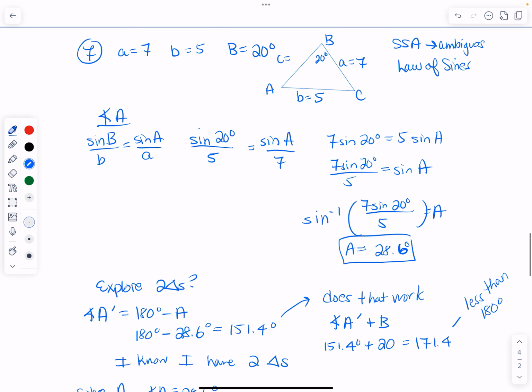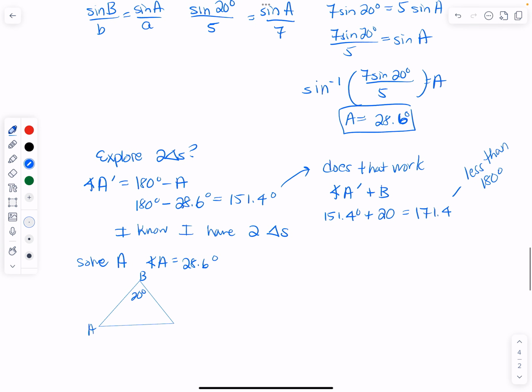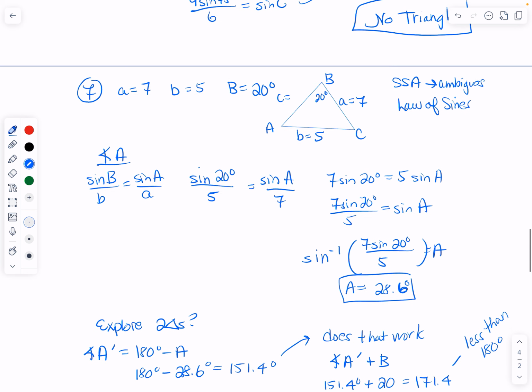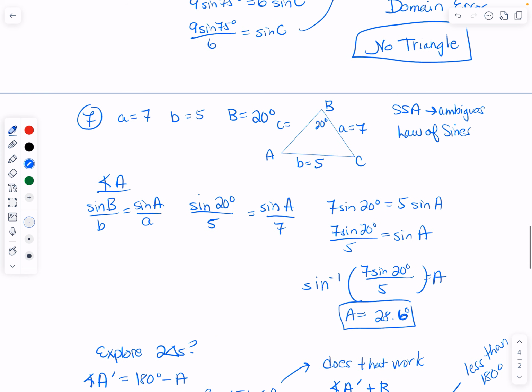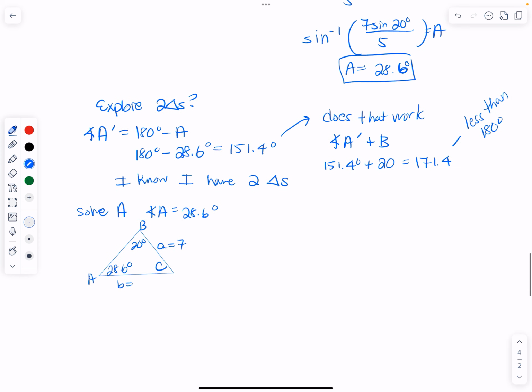A, I just found to be 28.6 degrees. Angle C, I don't know yet. I do know that side A is 7, and side B, we also knew, was 5. So basically, I just need to find side C and angle C.